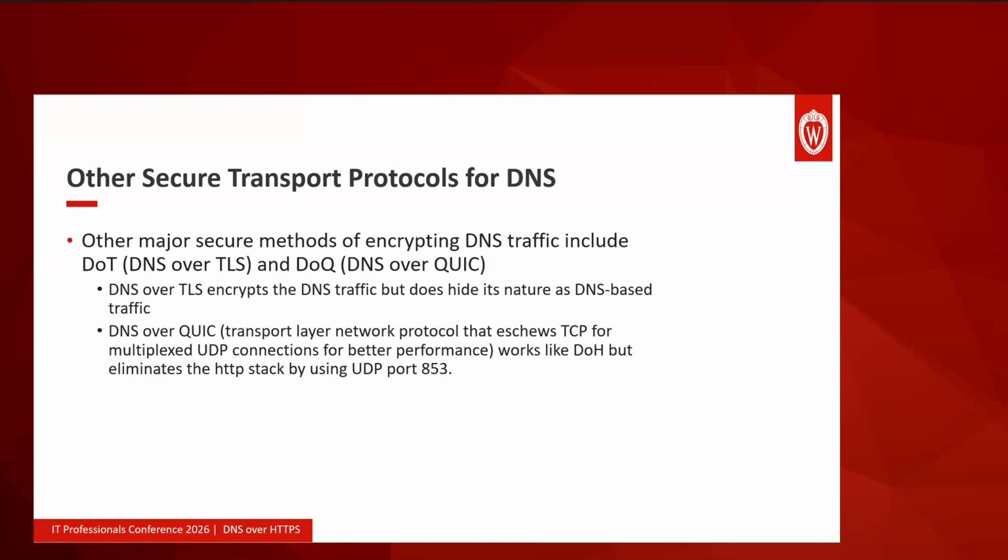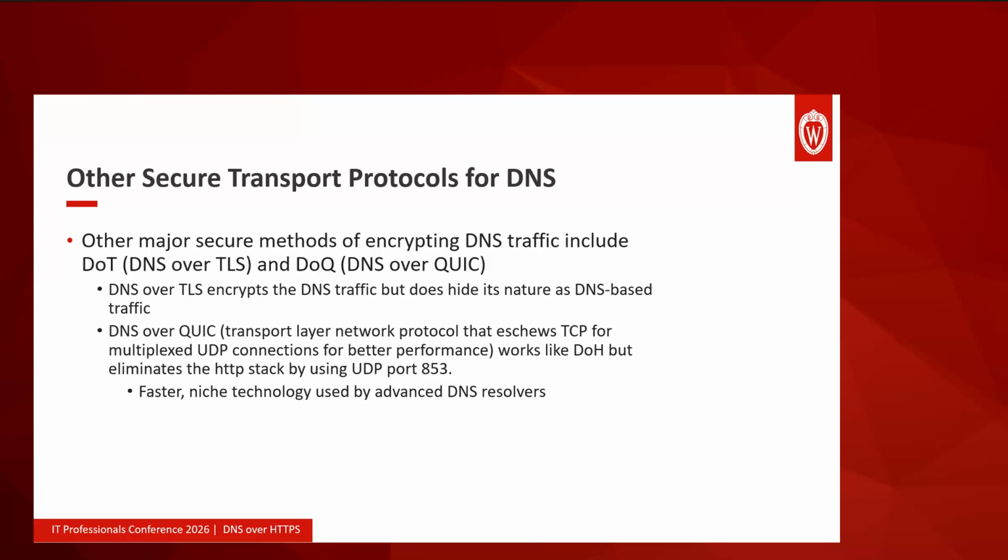DNS over QUIC is a transport layer network protocol that does away mostly with TCP connections and uses basically multiplexed UDP connections for better performance. It works a lot like DoH, but completely eliminates the HTTP stack of it and uses port 853. And you can sometimes see this if you use Cloudflare or another enterprise DNS resolver.